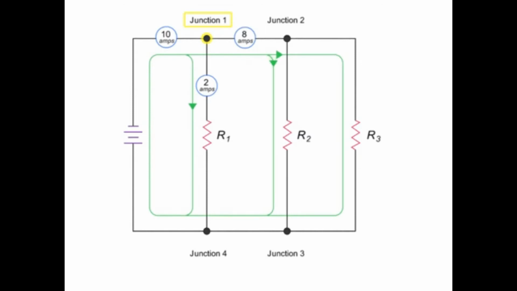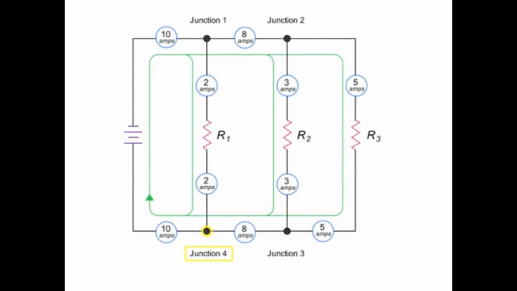The circuit branches again at junction 2, and the 8 amp current splits into 3 amps and 5 amps. As the current returns through junction 3, the 3 amp and 5 amp values recombine to give an amp value of 8. At junction 4, the 2 amp and 8 amp currents recombine to equal the 10 amps of the original source current.